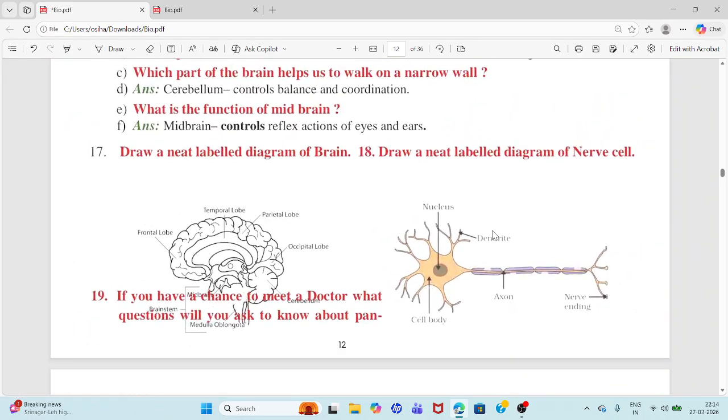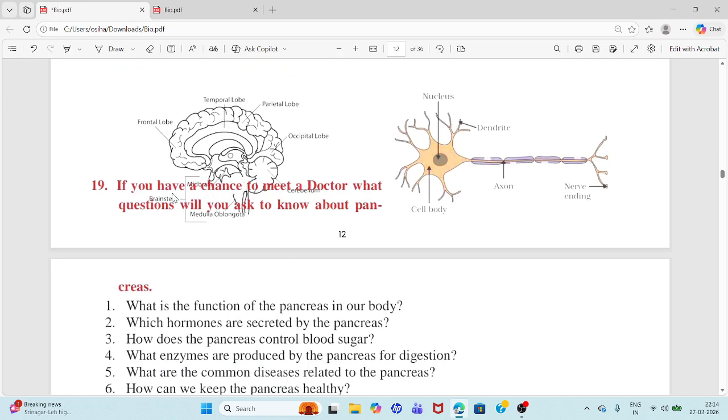Now 19th question. If you have a chance to meet a doctor, what questions will you ask to know about the pancreas? If you meet a doctor, what questions will you ask to know about the pancreas?